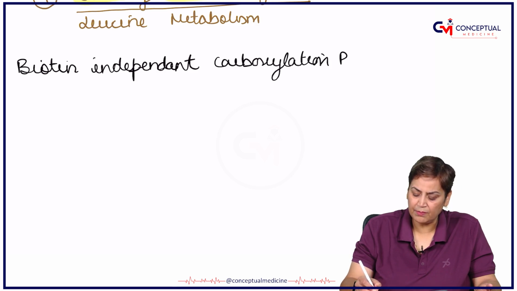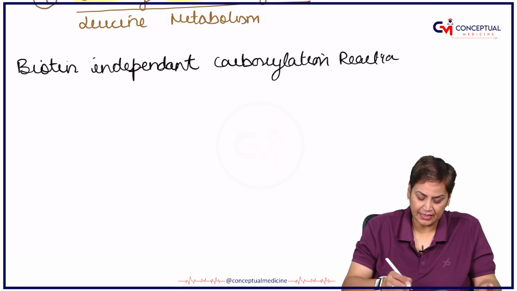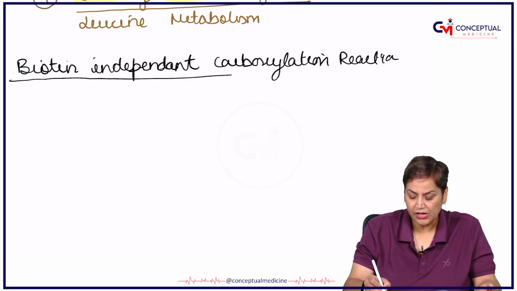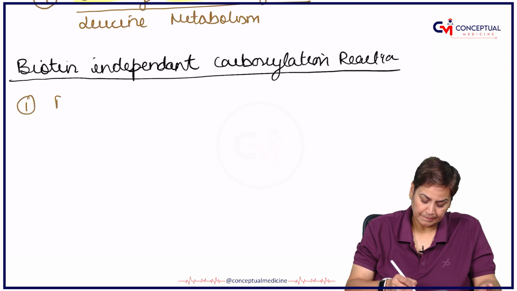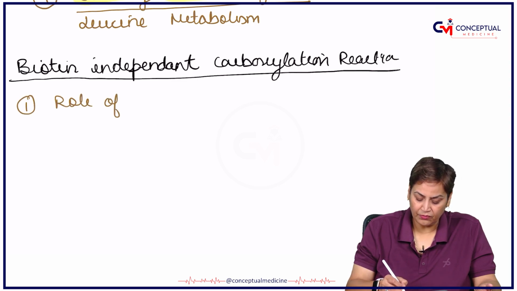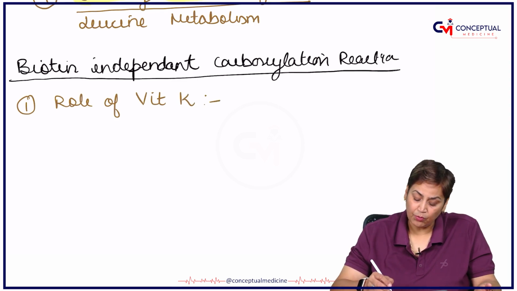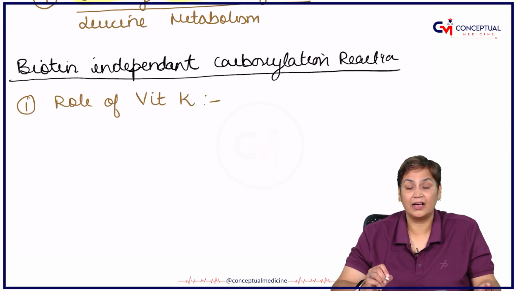And the most important biotin independent carboxylation reaction is the role of vitamin K in the post-translational carboxylation of glutamic acid.